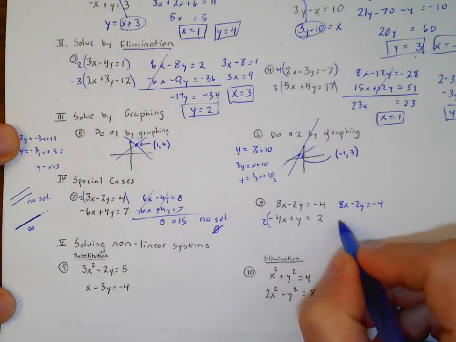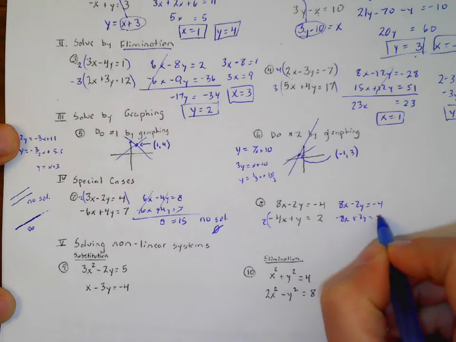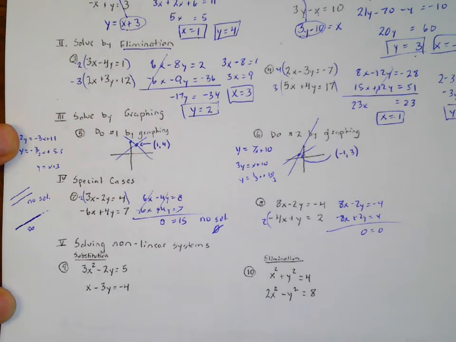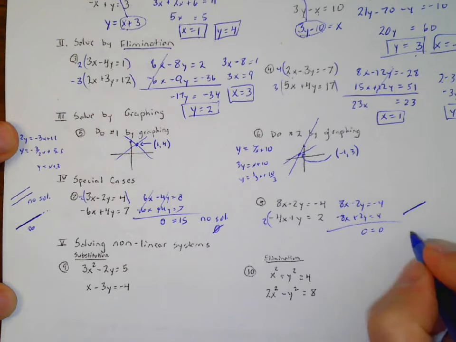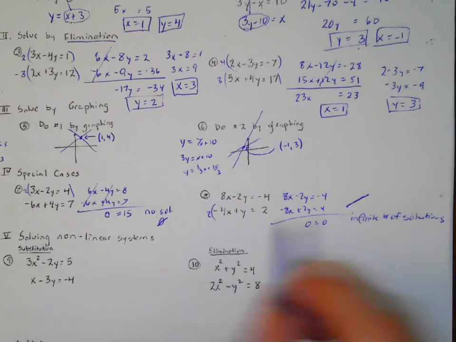Okay, this one here: negative 8x plus 2y is equal to 4. Notice those cancel, and those cancel, so you have 0 equals 0. This is where you have one line right over top of the other, so you have an infinite number of solutions. Those solutions are anything that happens on this line.